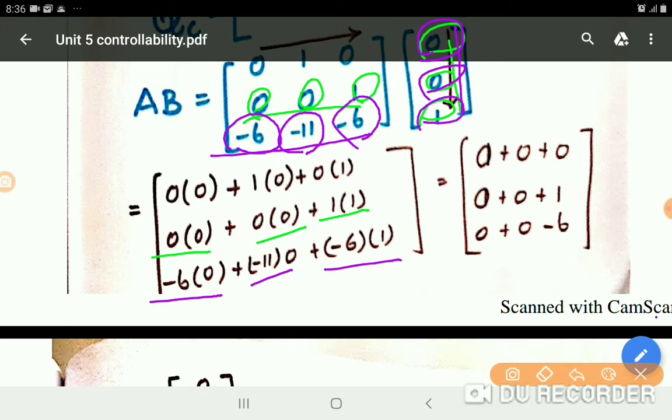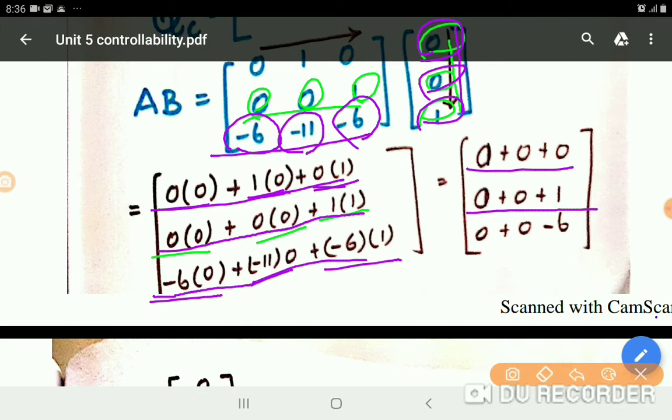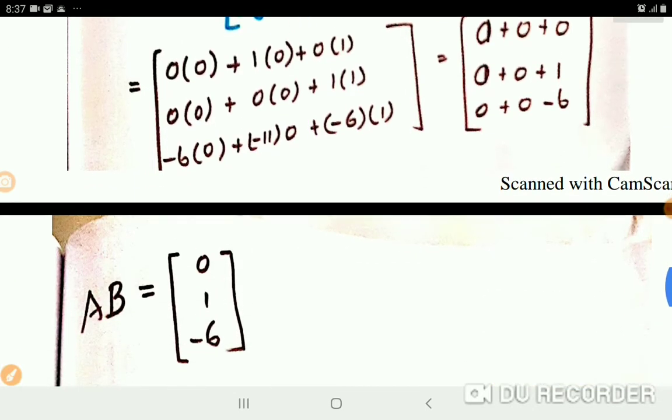Okay, we multiply both and consolidate: all zeros here, then 0, 0, 1 here, then 0, 0, minus 6. So we consolidated 0, 1, minus 6 as a matrix.